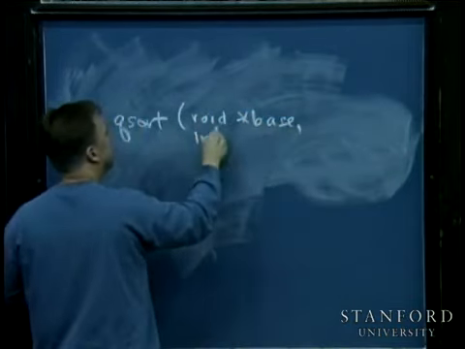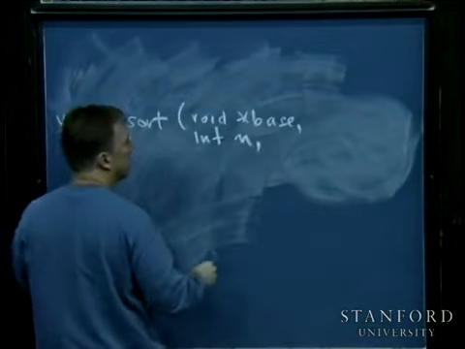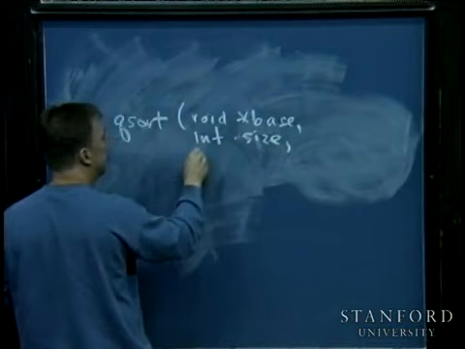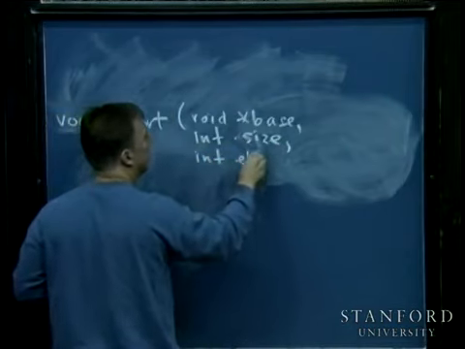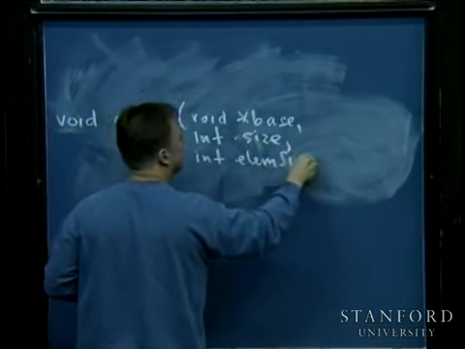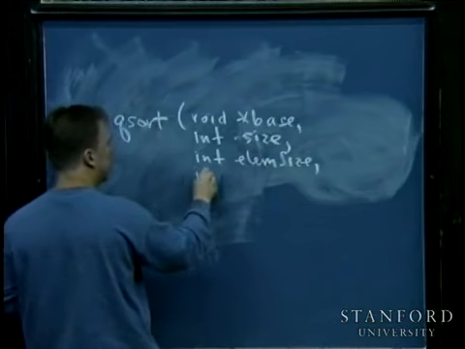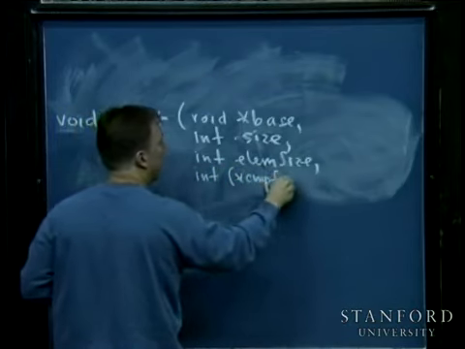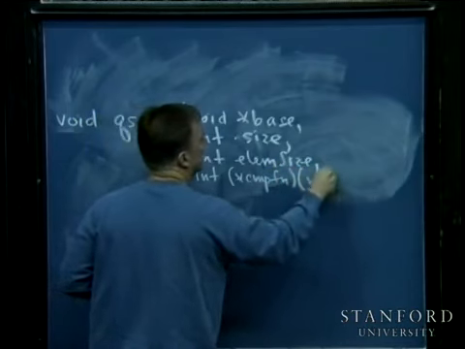It takes an int called n, or size actually. An int called elem size. And then it takes a comparison function that knows how to compare two generic addresses.